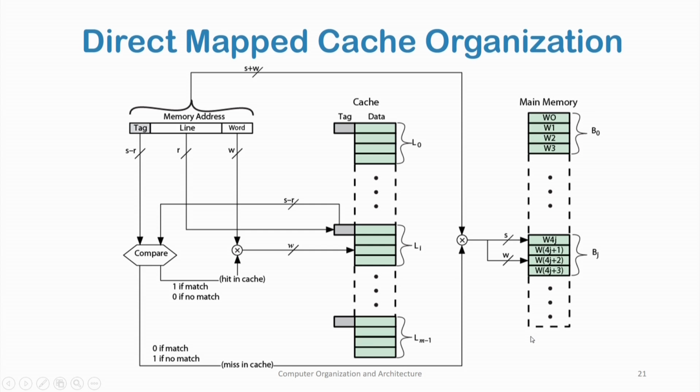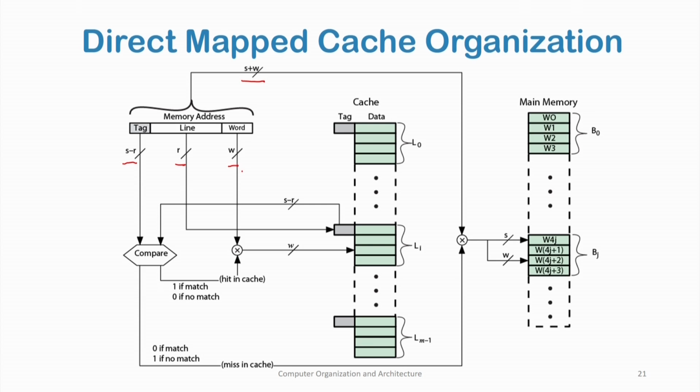This figure shows the organization of a direct mapped cache. The memory address consists of s plus w bits. The tag is s minus r bits long. The cache is indexed by an r-bit quantity, the cache line index, and each word within a particular block or line is identified by the word offset.